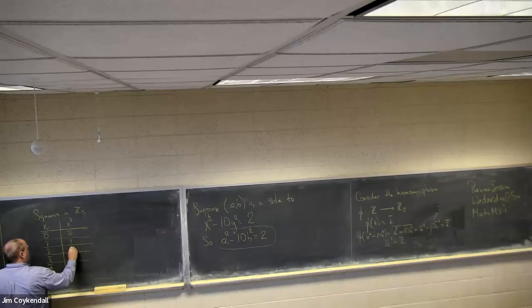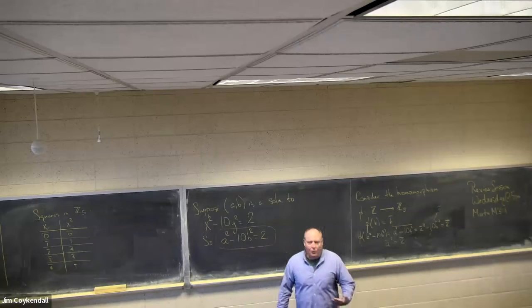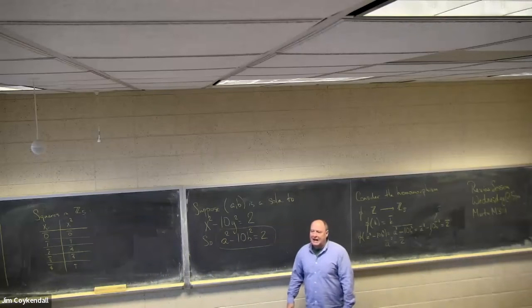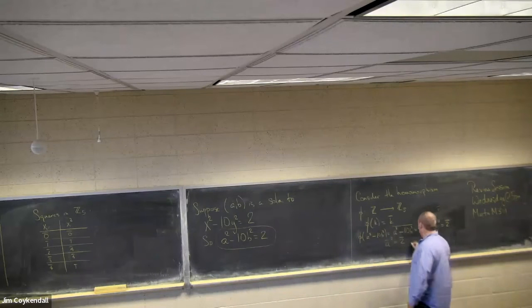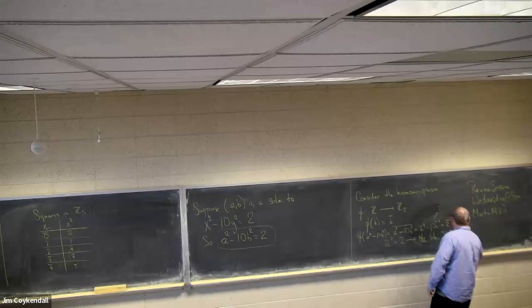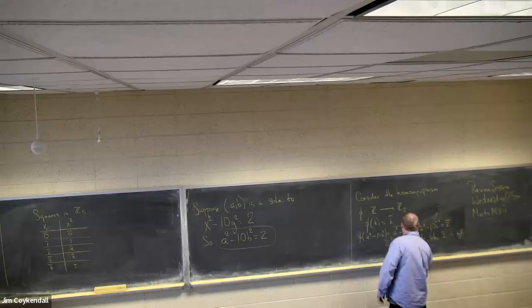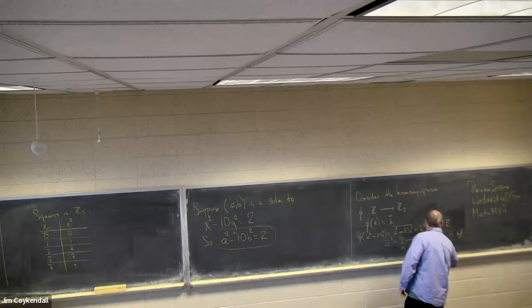Zero squared is 0, 1-bar squared is 1-bar, and so on. That column on the right lists the squares in Z mod 5. Is 2 one of them? No. Because 2-bar is not a square in Z mod 5.